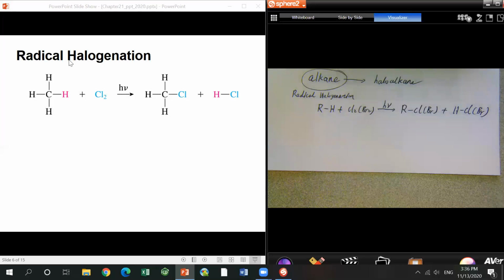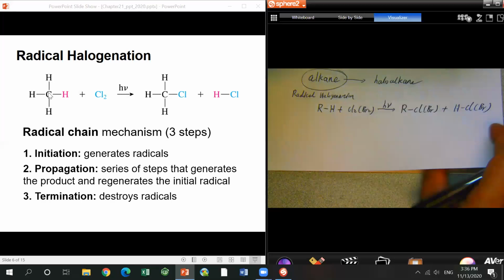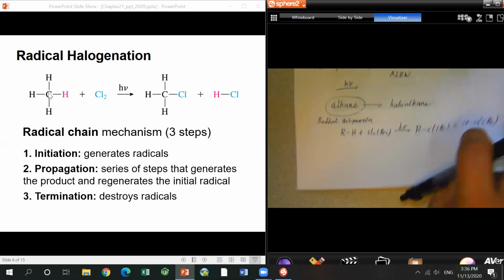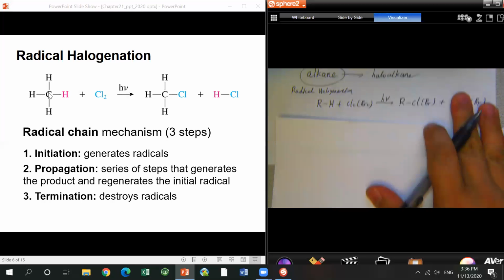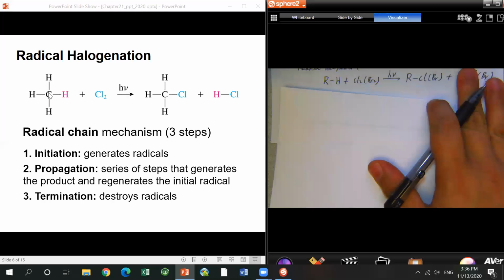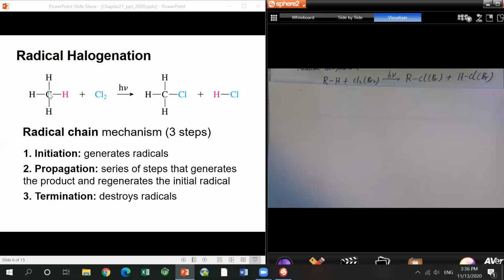Now let's talk about the reaction mechanism. It's somewhat different from the reaction mechanisms we learned before. This is actually a three-step reaction, different from what we learned before.